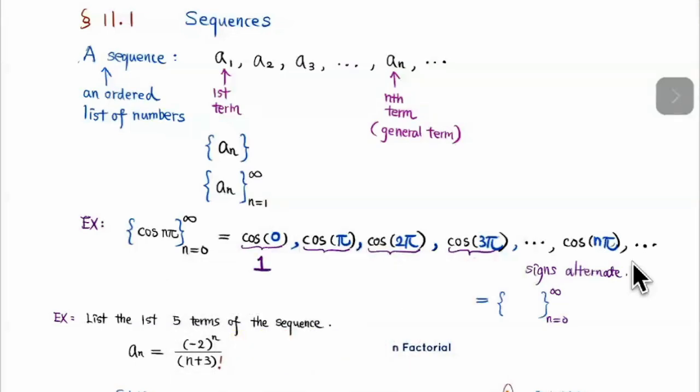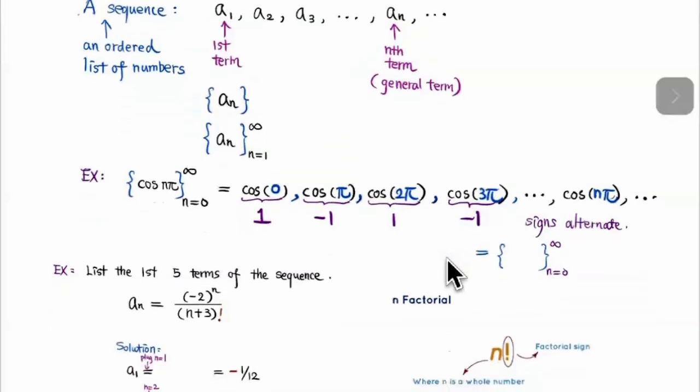Cosine of pi, -1. Cosine of 2 pi, 1. Cosine of 3 pi, -1. Do you see a pattern? What's the pattern? Yes, it goes 1, -1, 1, -1. It alternates, right?